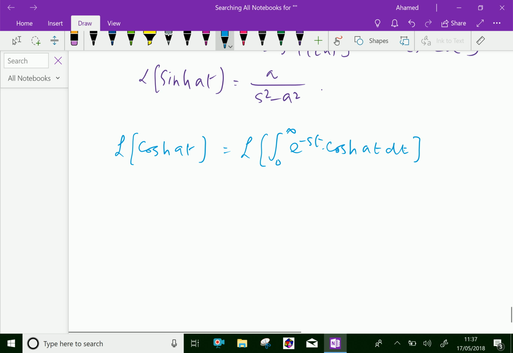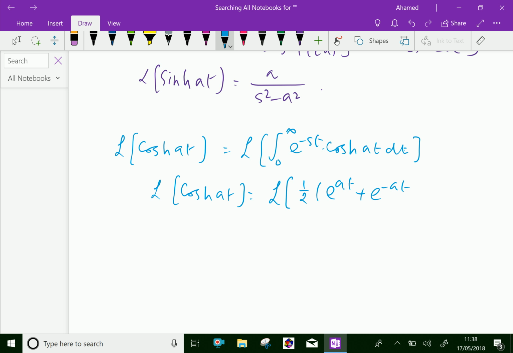But we know that we can express the cosine hyperbolic function as half into e power at plus e power minus at.